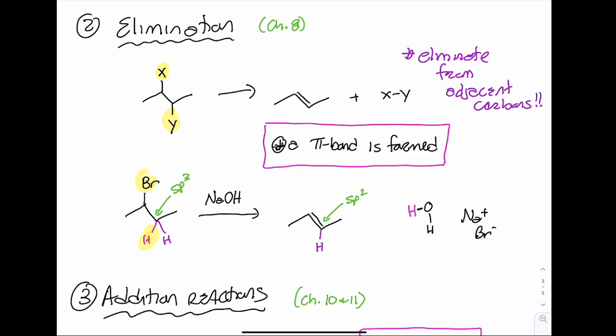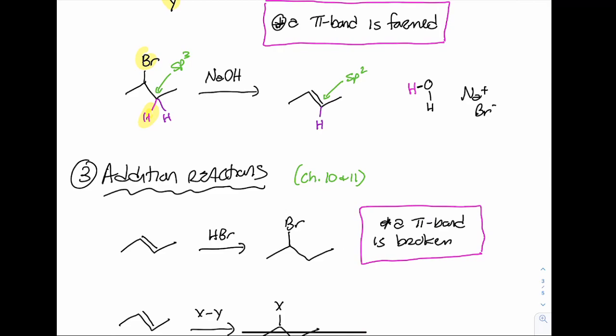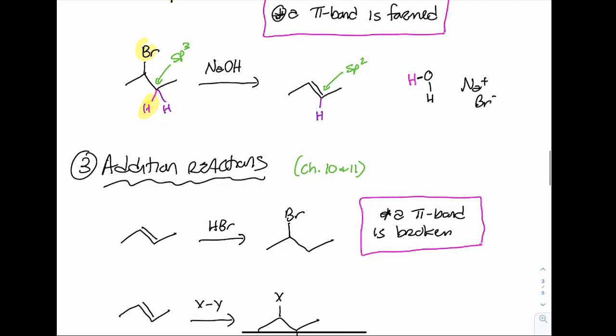And then our addition is the reverse of that, right? We're actually breaking our pi bond. We're adding things across that double bond. It's an addition reaction, and we're adding them to adjacent carbons. We're adding them to the carbons that have that double bond. The double bond's not going to go away, or I don't have a way to add. If I was to add more carbons here, I can't go and add something to that carbon because it already has an octet.